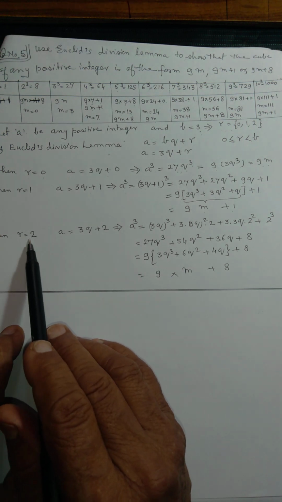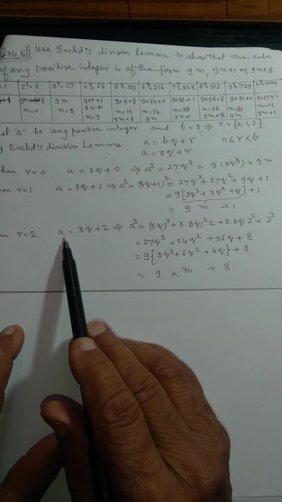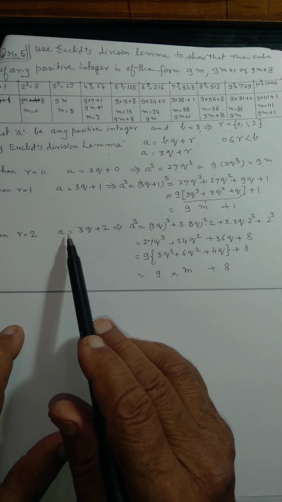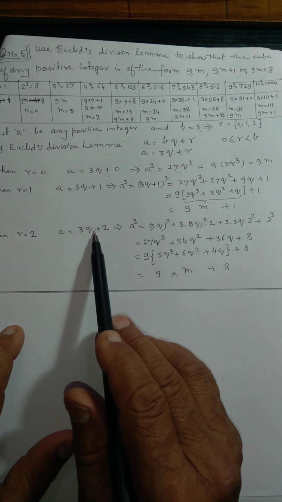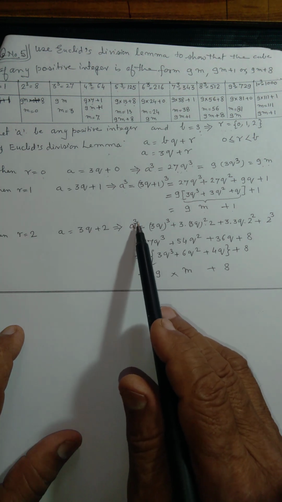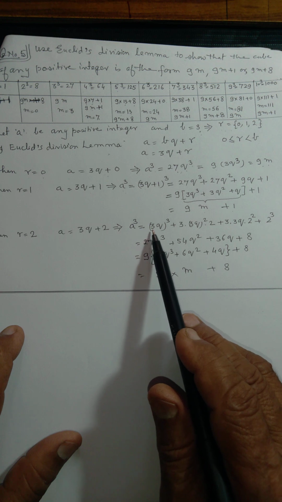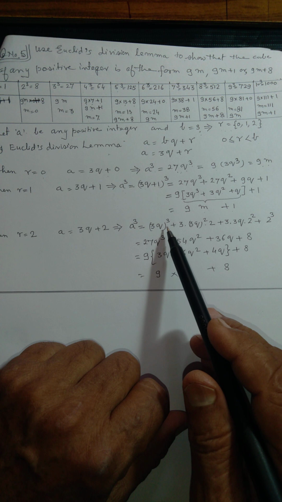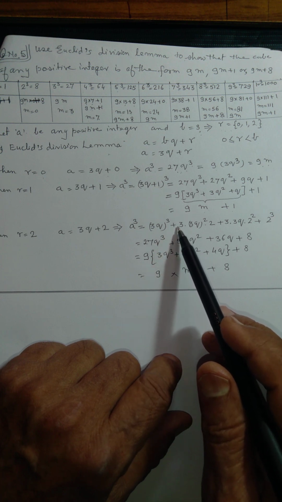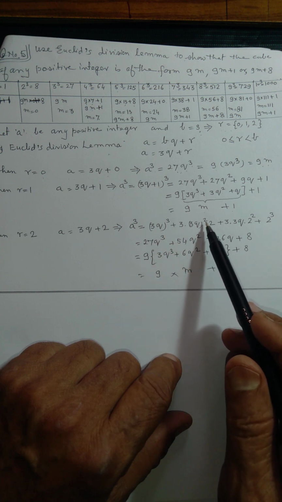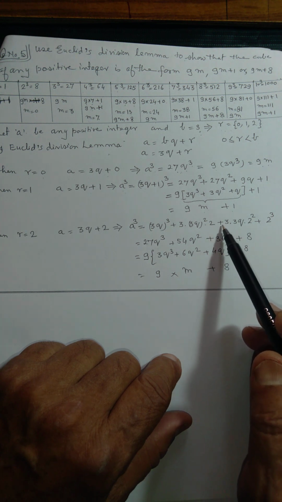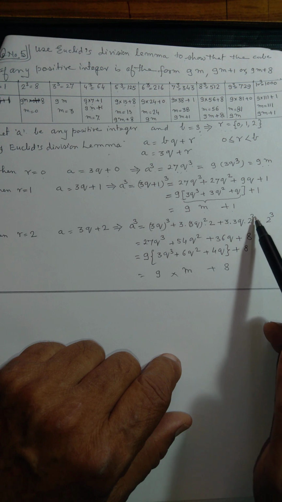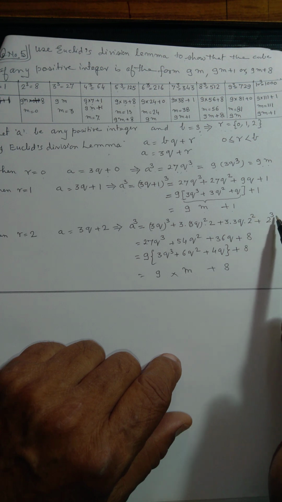When r is equal to 2, at that time a will be equal to 3q plus 2. Taking the cube of both sides, on the left hand side we will get a cube, on the right hand side we will get 3q whole cube plus 3 into 3q whole square into 2 plus 3 into 3q into 2 square plus 2 cube.